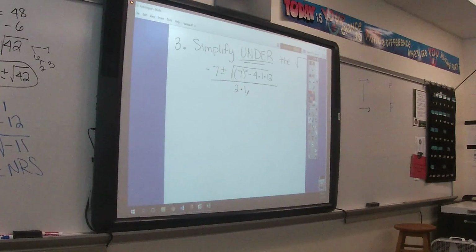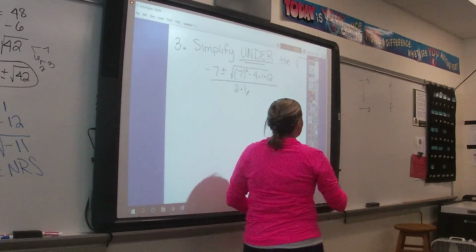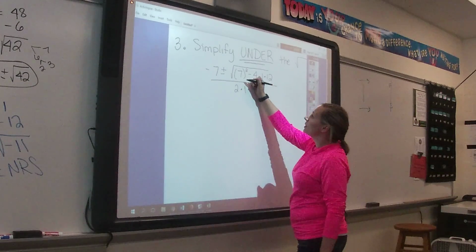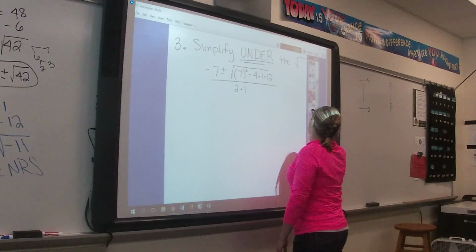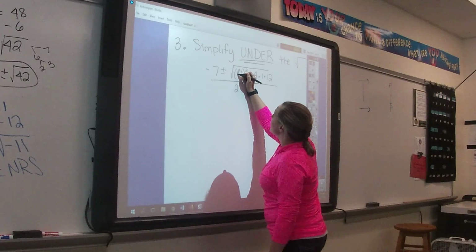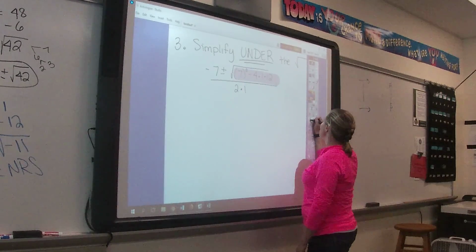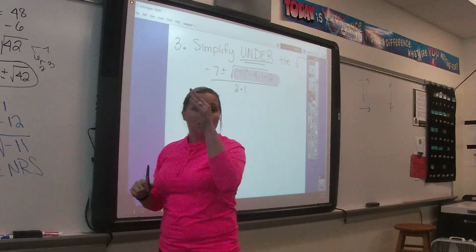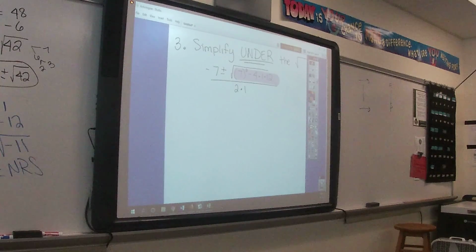So in your calculator, you only want to type in what is underneath the square root. You'll pick up your calculator and you'll put parenthesis 7 close parenthesis squared minus 4 times 1 times 12.